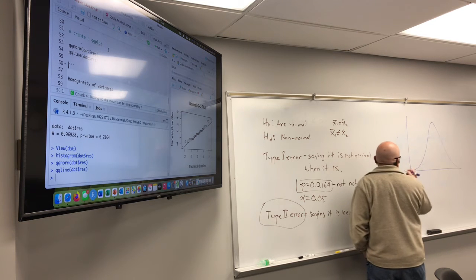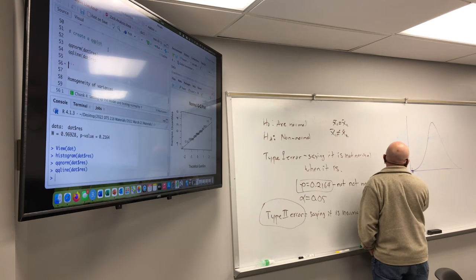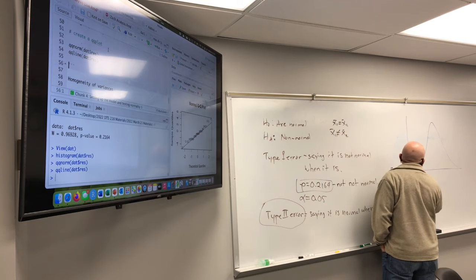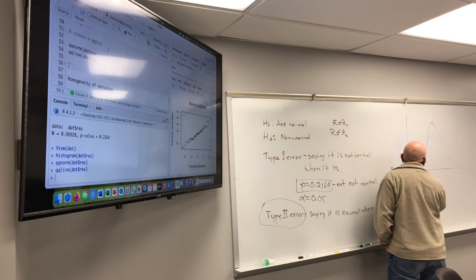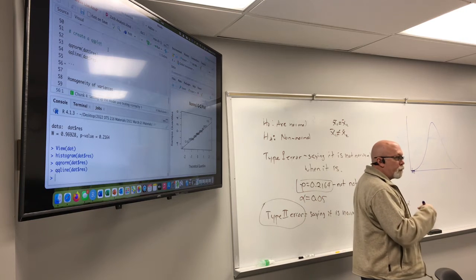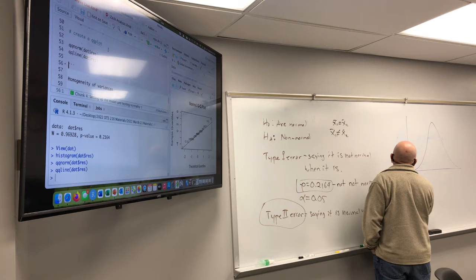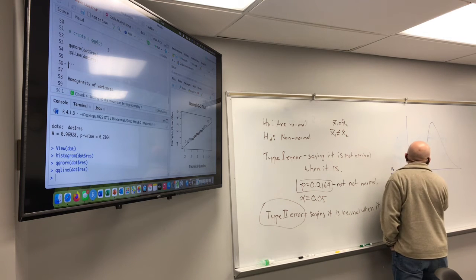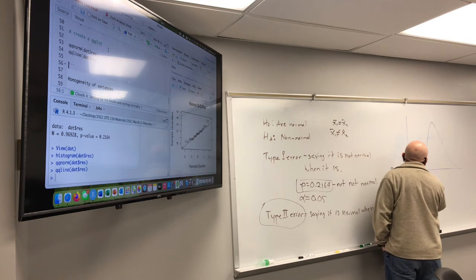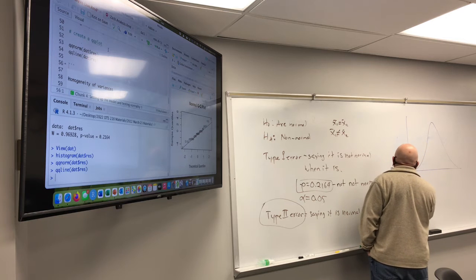Let's say that's 1%. You move another increment in, you get a little more of the distribution under the curve. Let's say you're now at 3% of the data. Move another similar increment in, you're now at 5% of the data.